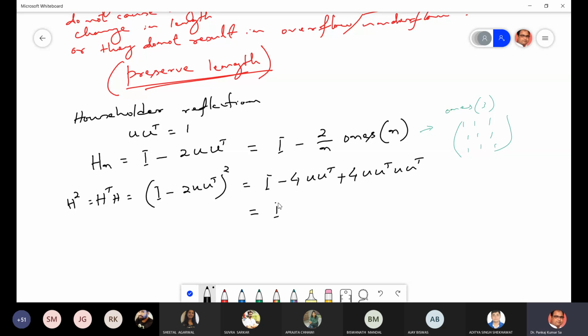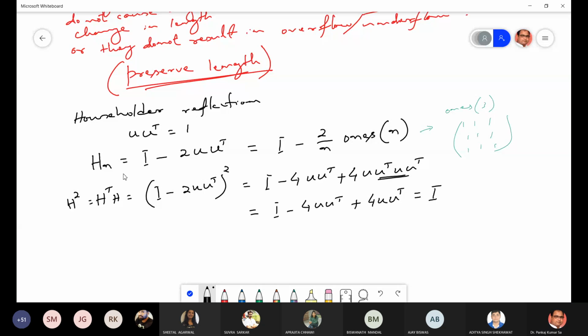That I can write as I minus 4 U U transpose plus, since U transpose U is equal to 1, 4 U U transpose, which is equal to I. So whatever you take, it still becomes I.